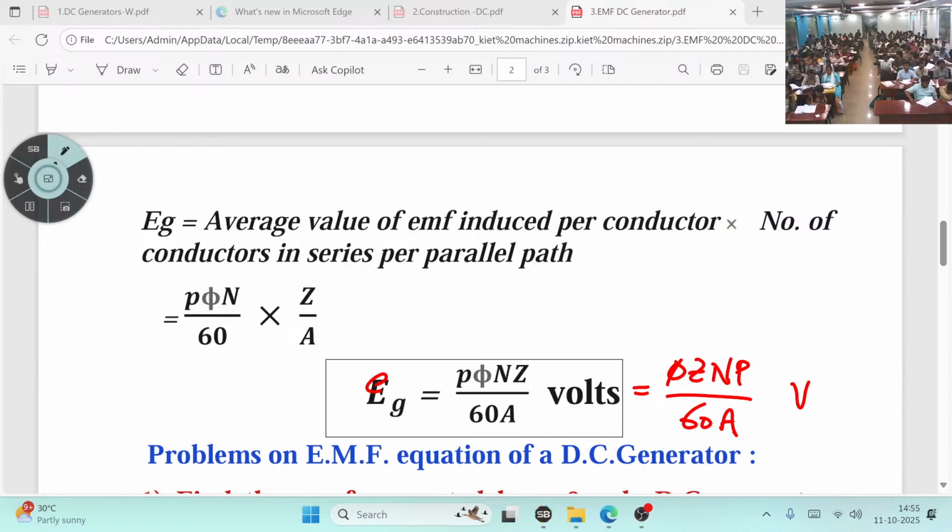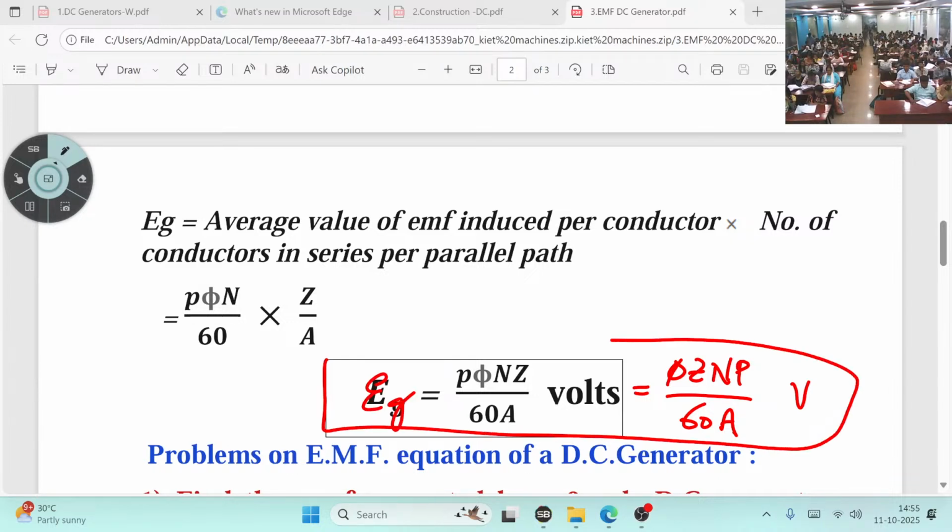This is the EMF generated, so you can easily remember this formula: E_g is equal to phi Z N P by 60A.